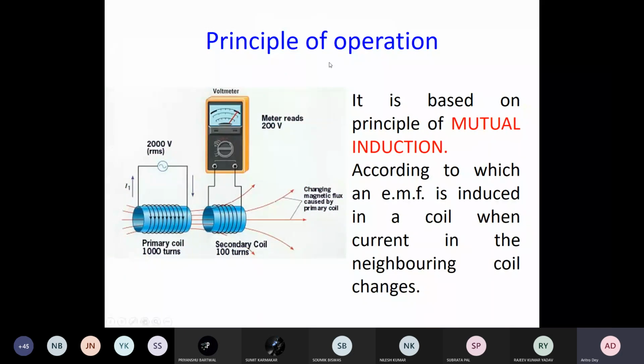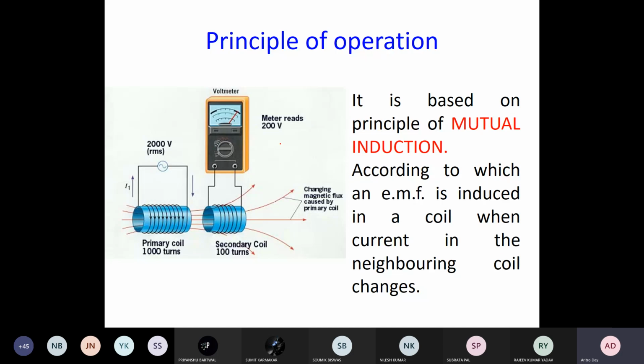So the principle of operation, as I told, is based on the principle of induction. Here you are supplying 2000 volt RMS, and this is sinusoidal. If you take a linear relationship between B and H, then your phi will also be sinusoidal. So your d phi dt will link with your secondary coil.